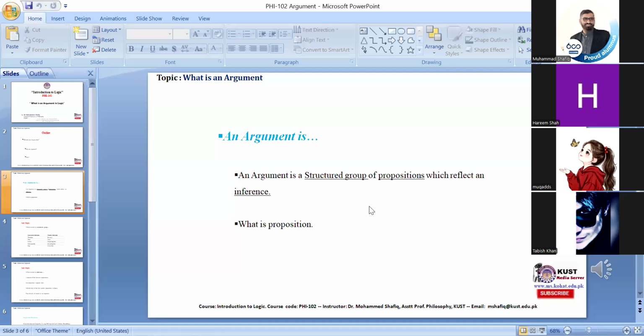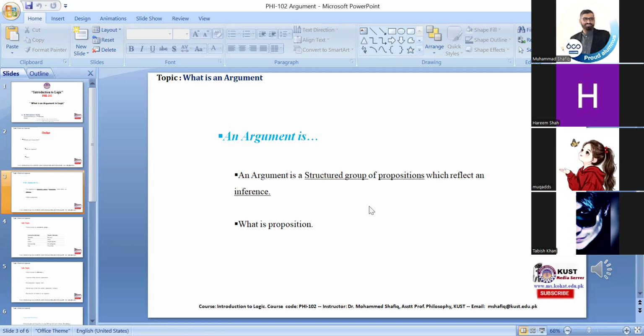The chair is a class of objects, and brownness is another class of colors. So we compare these two and make a judgment about the chair, that the chair possesses the quality of brownness.